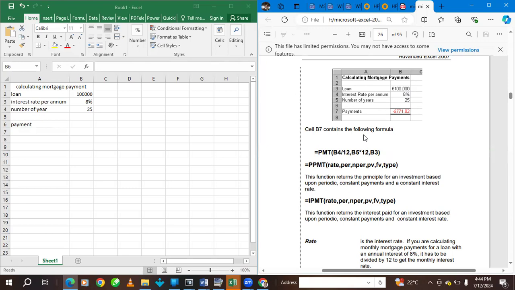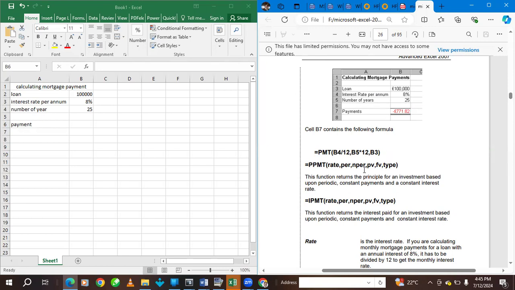To interpret this function, we have been given a loan of 100,000, to be paid with an interest rate of 8% over 25 years.